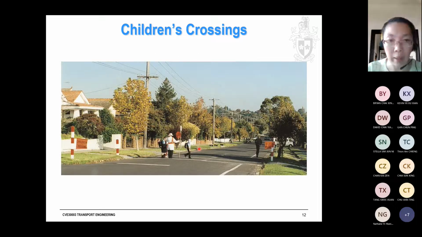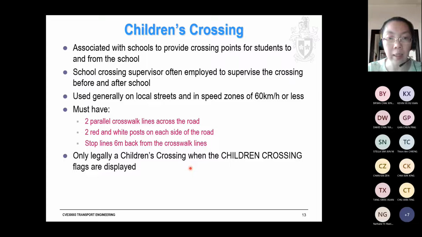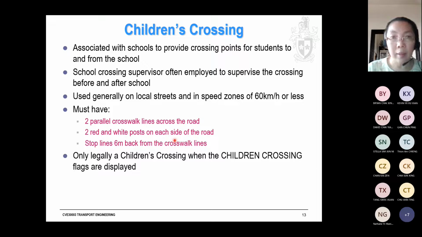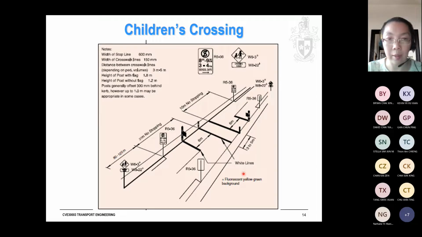So this is the stop line, and this distance is 6 meters from the crosswalk line. It is only legally a children's crossing when the children's crossing flags are displayed, and there is a flag here. This again is an illustration of what was shown to you just now.